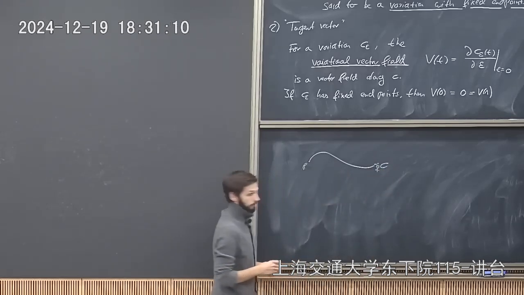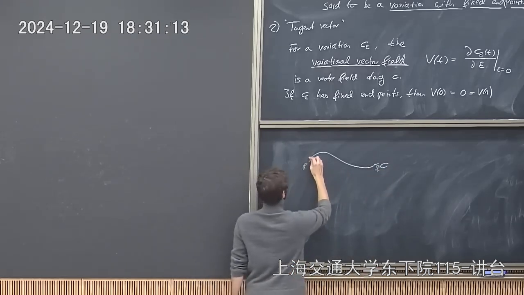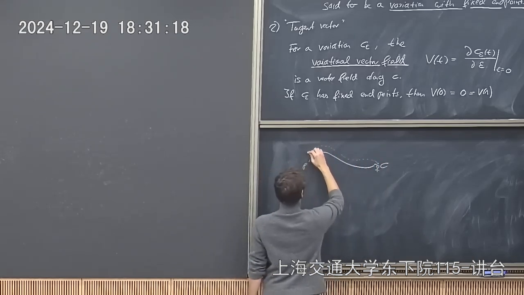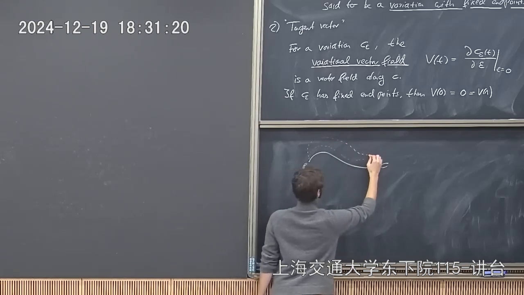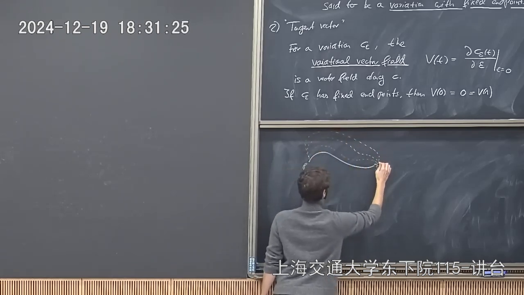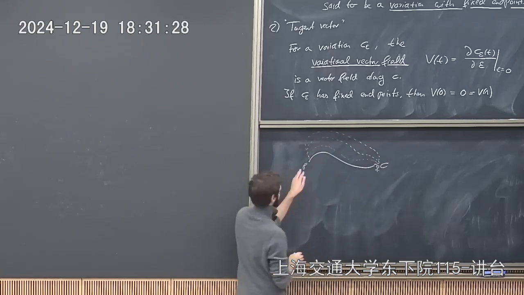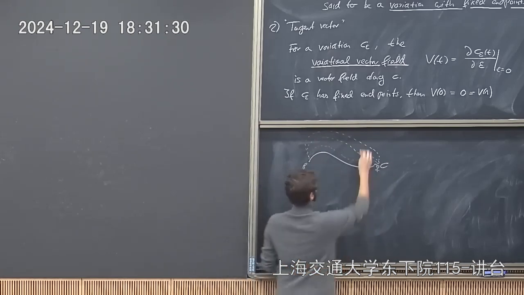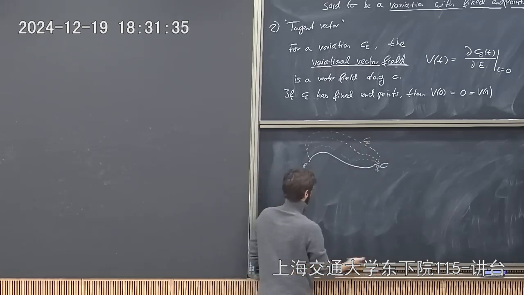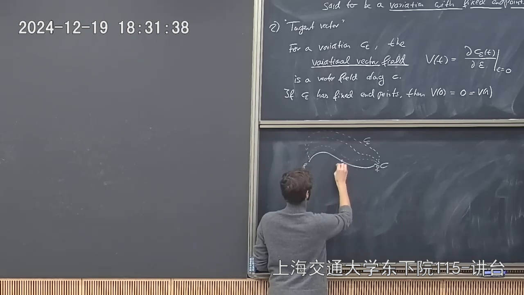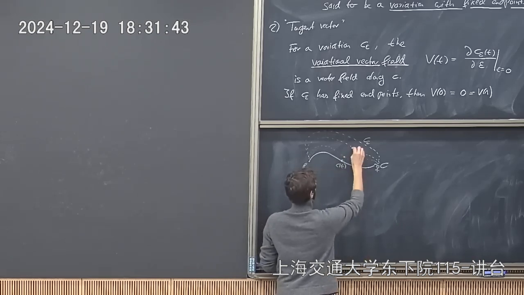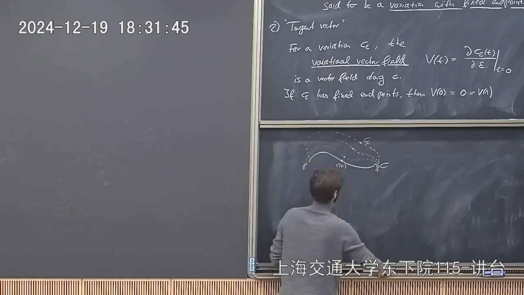Then we choose a variation, which would be other curves that go from P to Q, and they depend on some parameter. Now you go to a point, say C of t, and then you get corresponding points which live on these curves C epsilon.